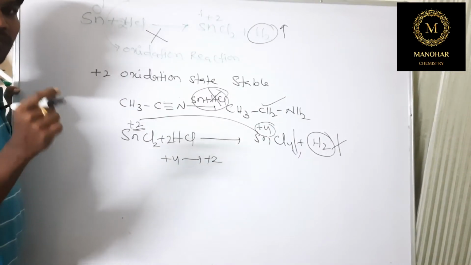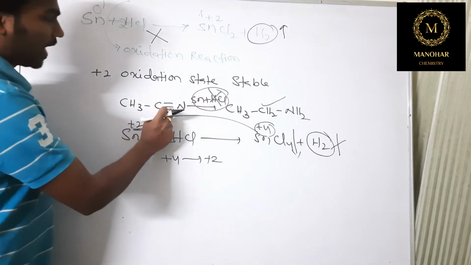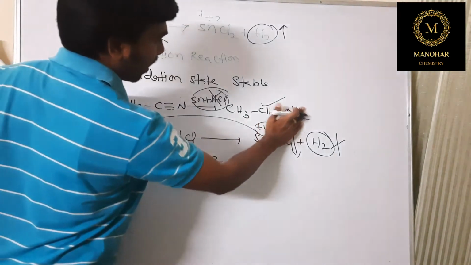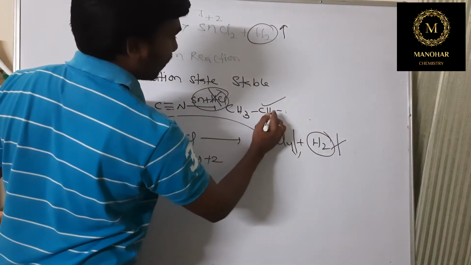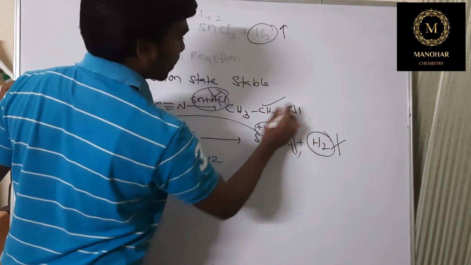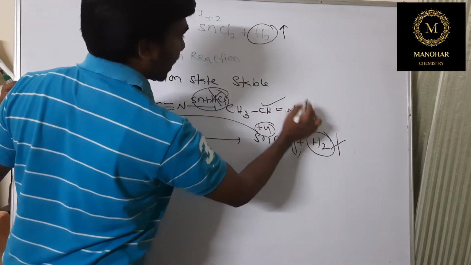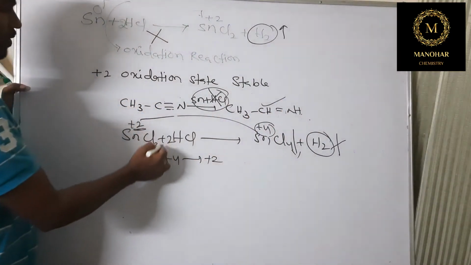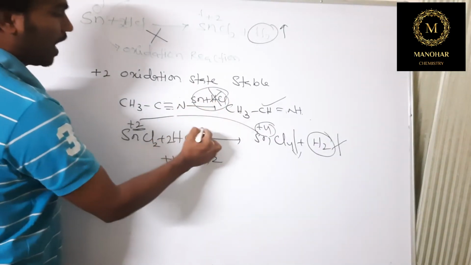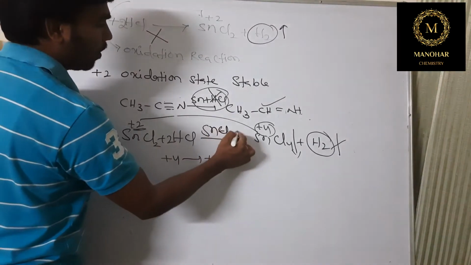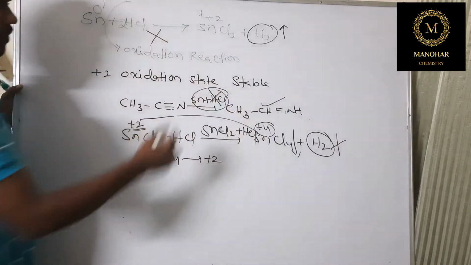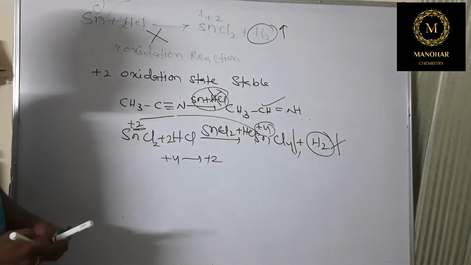That limited amount of hydrogen can reduce nitrile to imine only. Because of that, instead of Sn plus HCl, I am using SnCl2 plus HCl. So this is the role of tin chloride and HCl in the Stephen reaction.